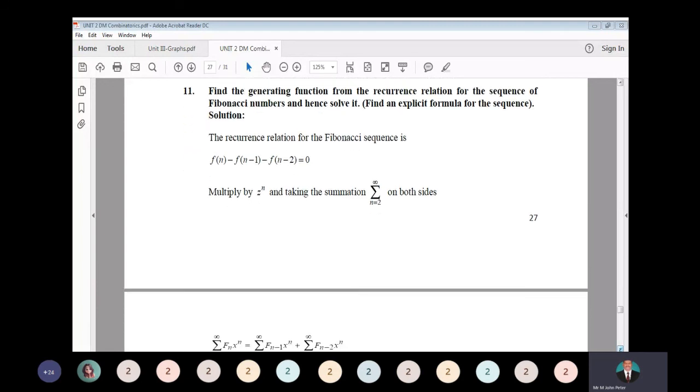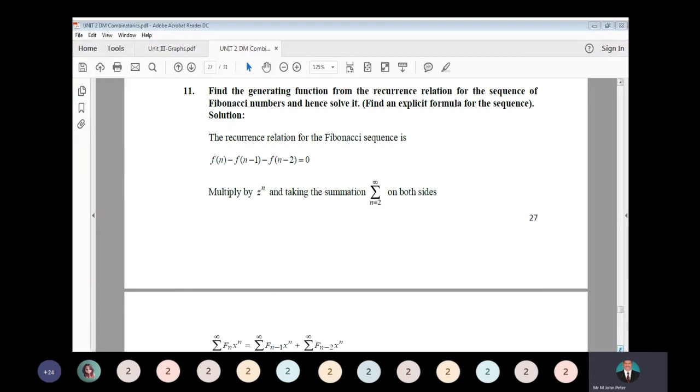Find the generating function from the recurrence relation for the sequence of Fibonacci numbers and hence solve it, that is, find the explicit formula for the sequence. The recurrence relation of the Fibonacci sequence is F n minus F of n minus 1 minus F of n minus 2 equals 0. To find the generating function, multiply by z power n and take the summation n equal to 2 to infinity.